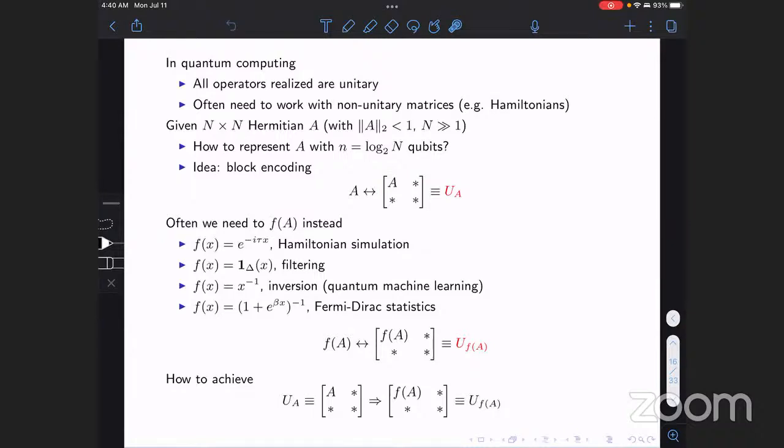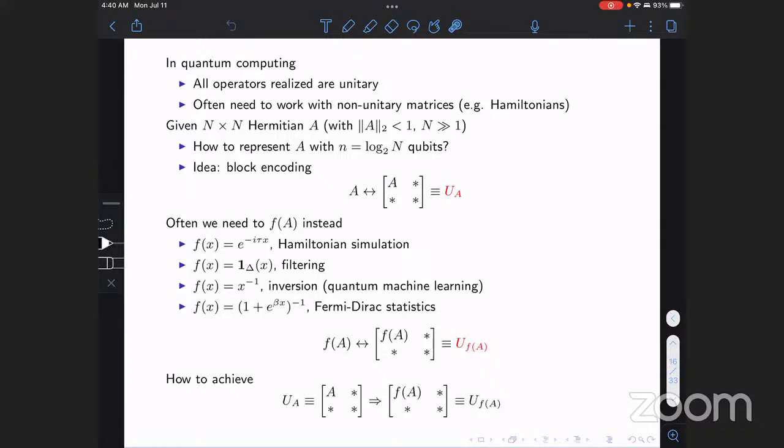We denote this larger matrix U_A, and this U_A is a unitary matrix. However, if you take a look at the (1,1) block, the top left block of this matrix, it gives you A. So in some sense, A is embedded in this big unitary matrix. That's why we need this assumption that the norm of A is bounded by 1. If it's not bounded by 1, what we typically need to do is rescale the matrix so that the norm is less than 1 and then embed it.